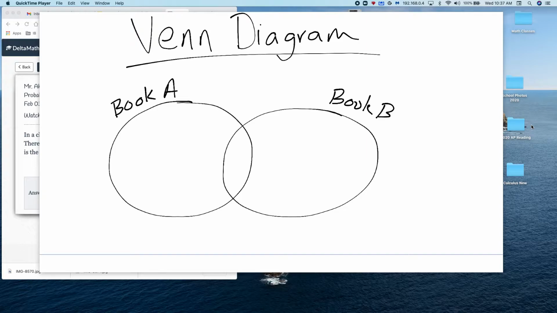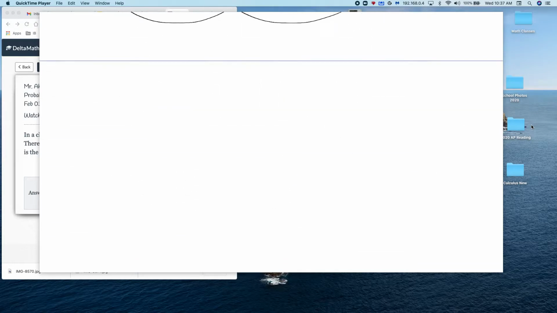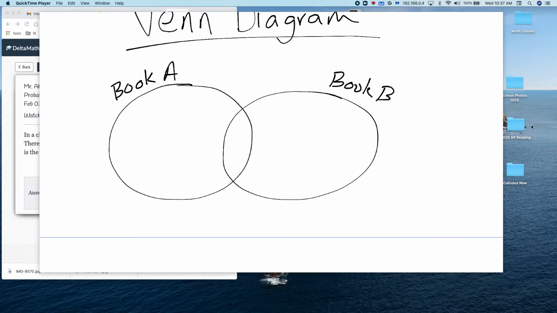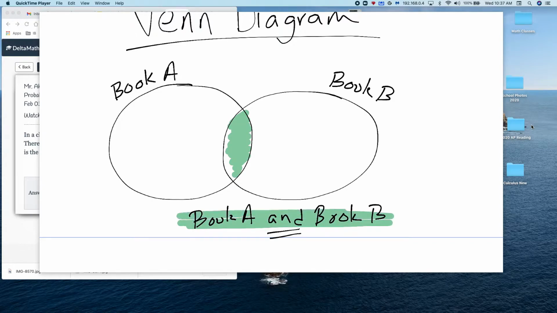This part right here is book A and book B, maybe what they have in common. That's what that green highlight represents: what book A and book B have in common.